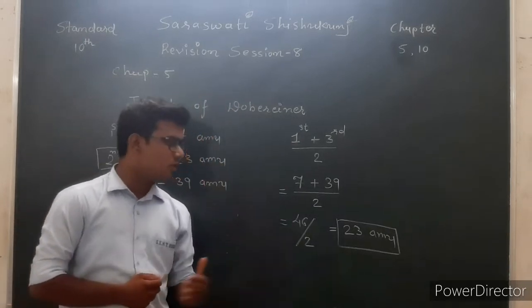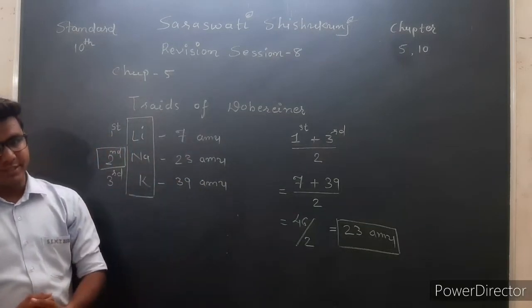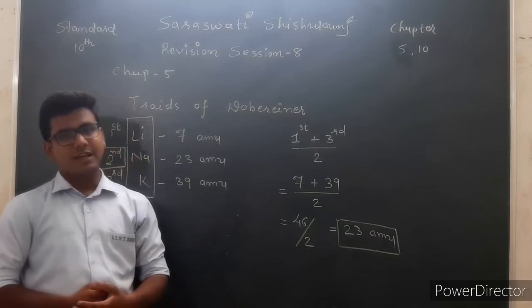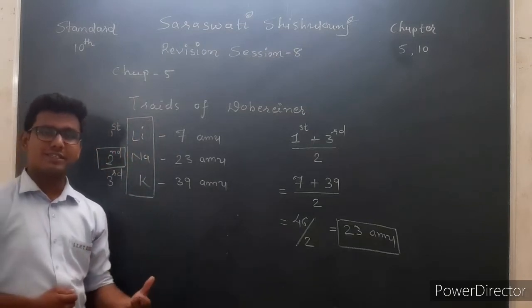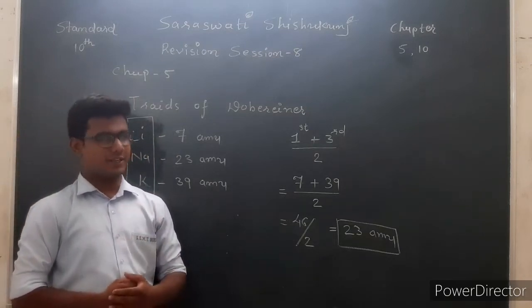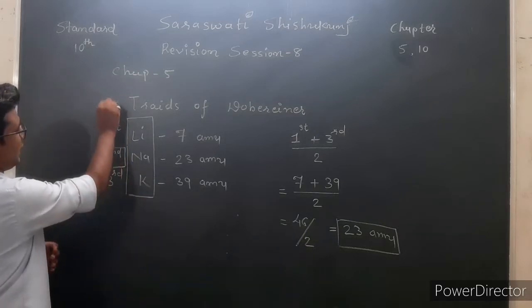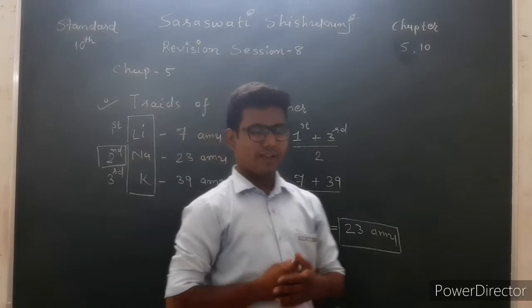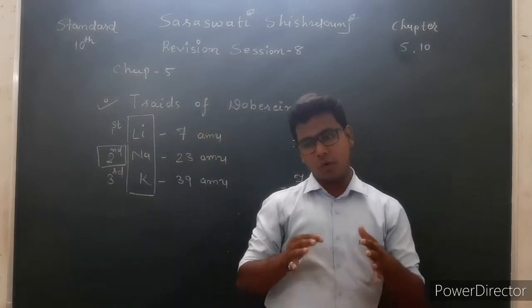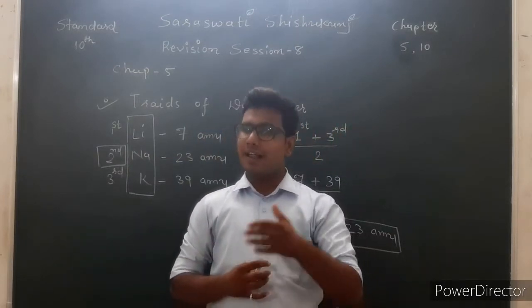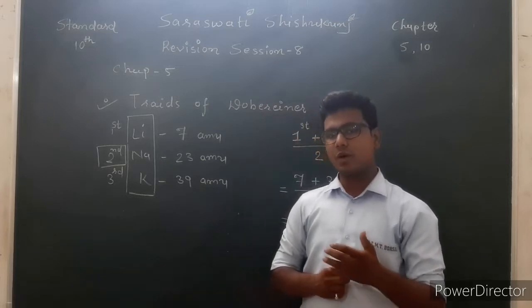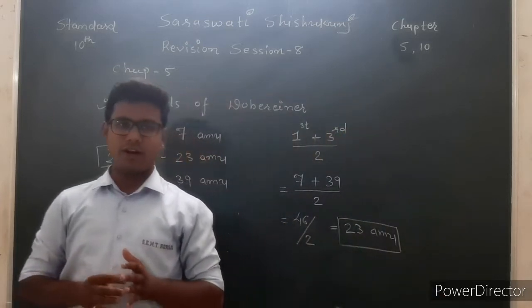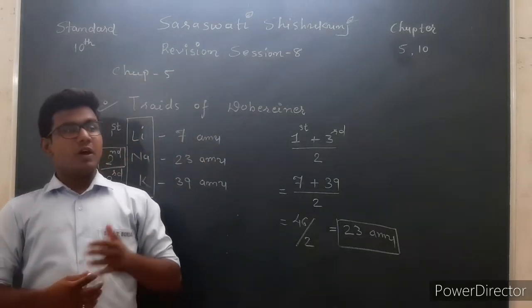You can also go through different examples which we have discussed in our regular sessions and in our revision sessions. So this question can be asked to you, triads of Dobereiner. You also know that this triad of Dobereiner is not applicable for every element, it is only applicable for the lighter elements.